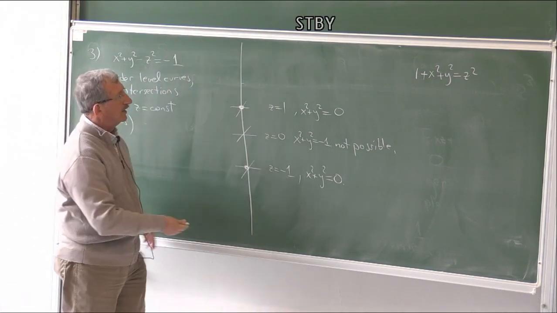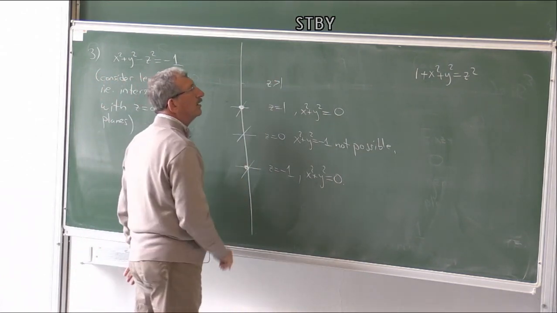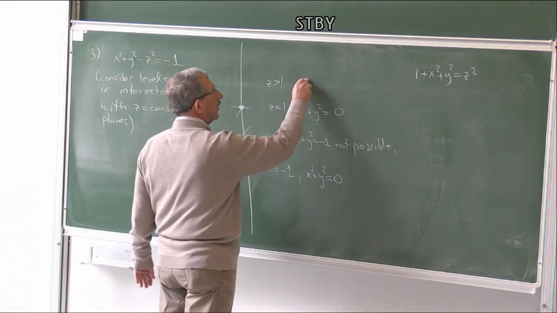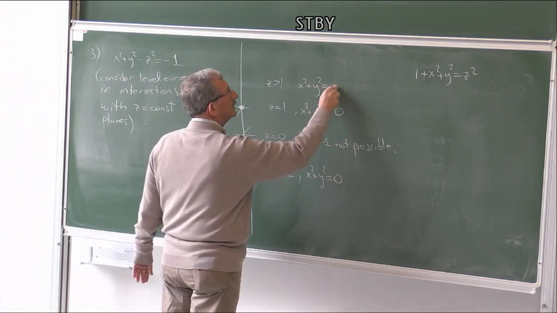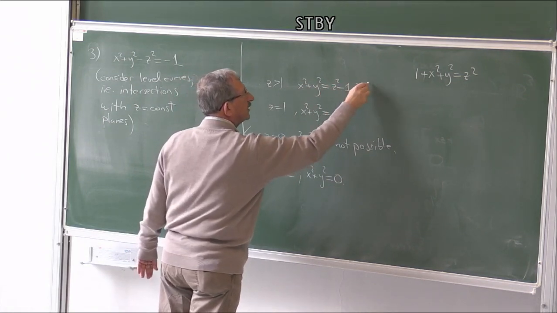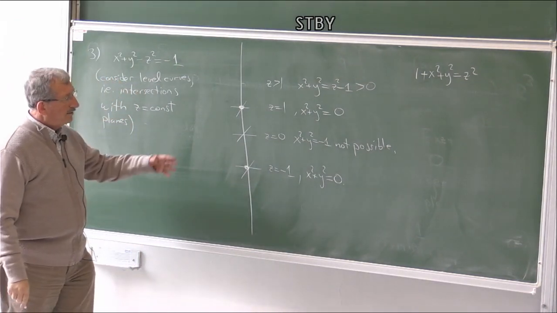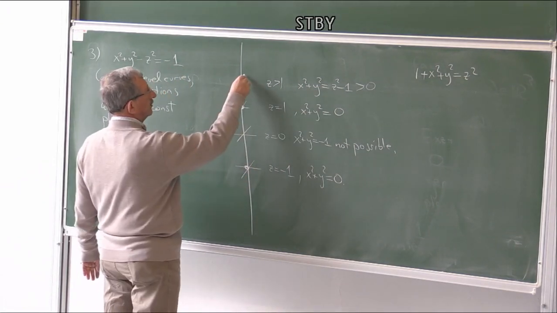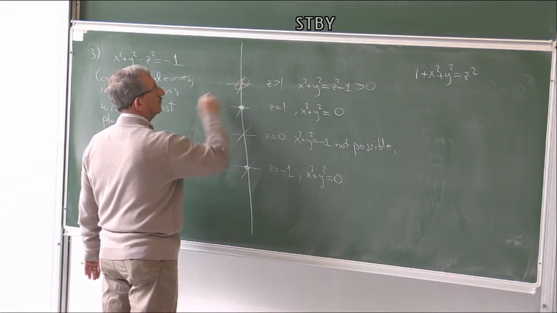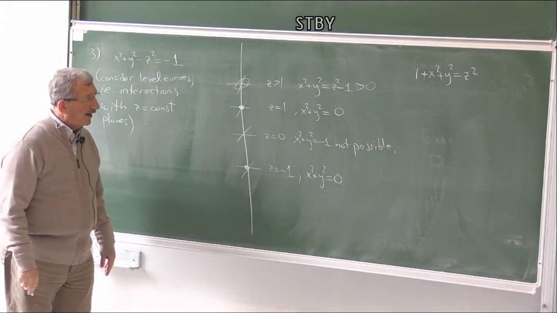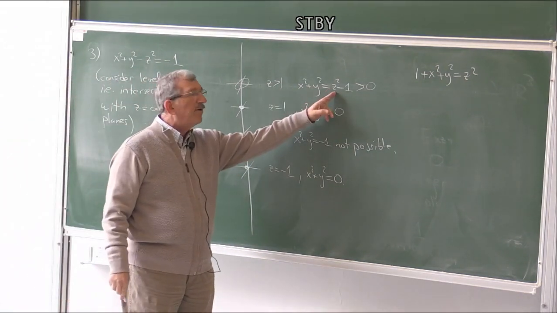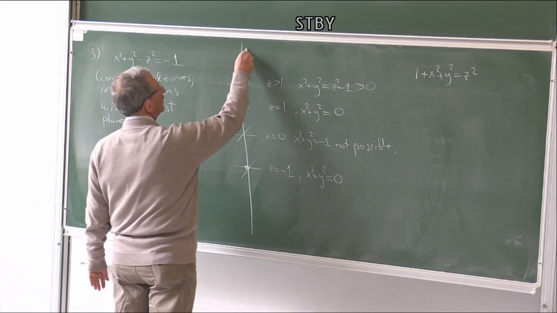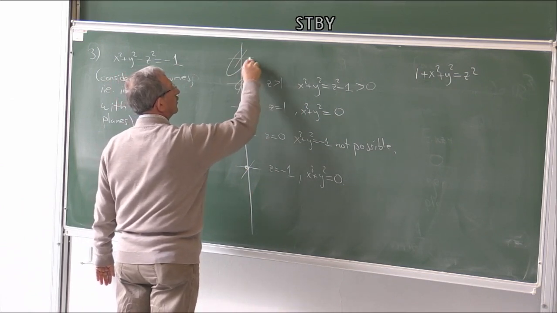Now let us elevate this a little bit. If z is bigger than 1, then as z gets larger and larger, we get x squared plus y squared equals z squared minus 1. Now this is a strictly positive number and the radius is positive, so we get a circle. Again, when the z value gets bigger and bigger, the radius gets bigger, so at higher levels we have larger circles.